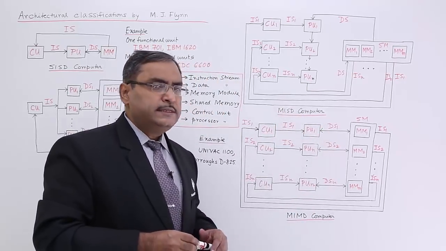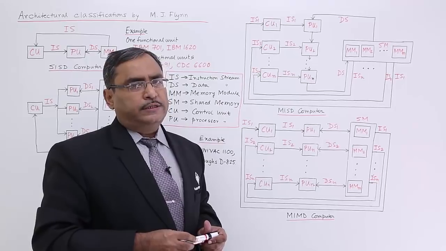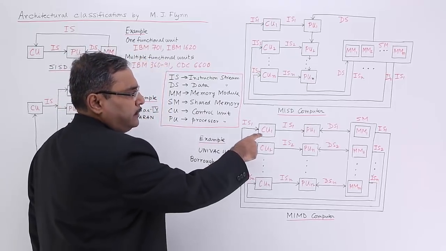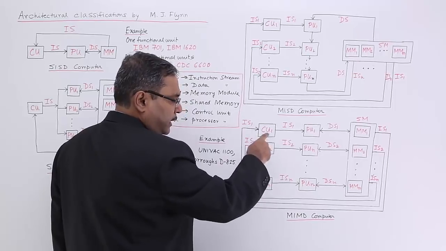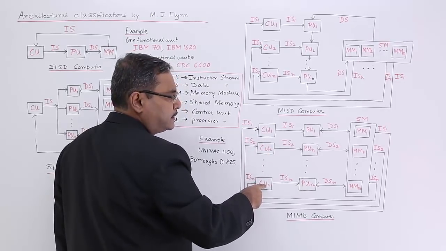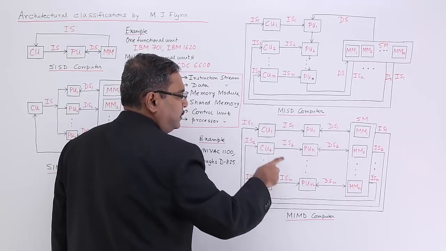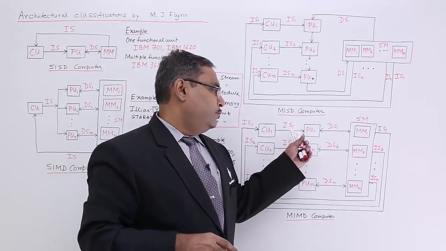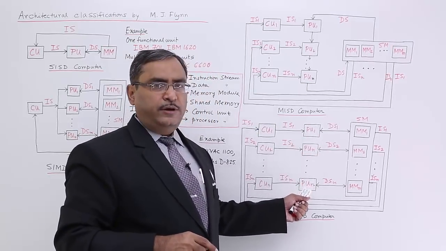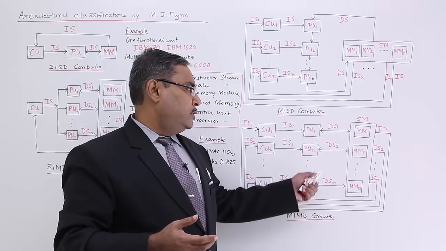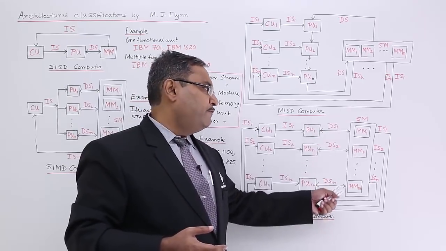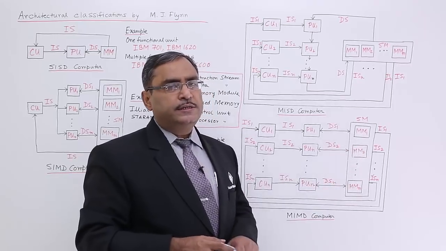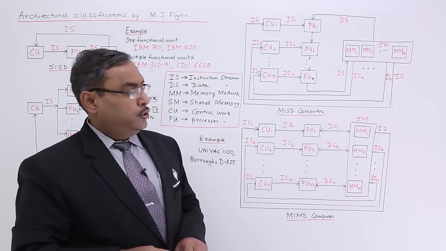So the last one is MIMD computer architecture. In this case, you can find that multiple instruction streams are coming. They are getting processed in the control units, and the decoded version will be made available to the processor units for execution on different data streams, which are coming from the shared memory consisting of multiple memory modules.